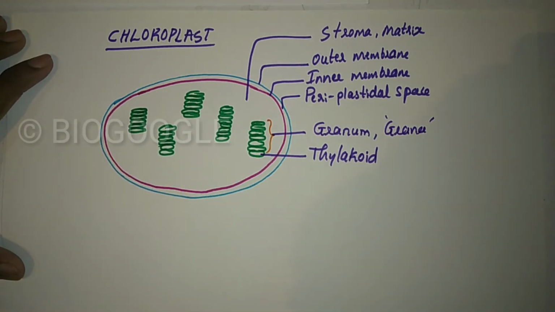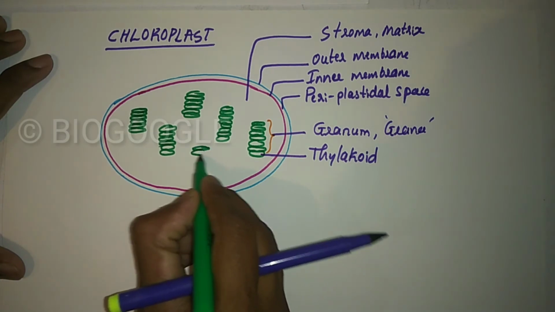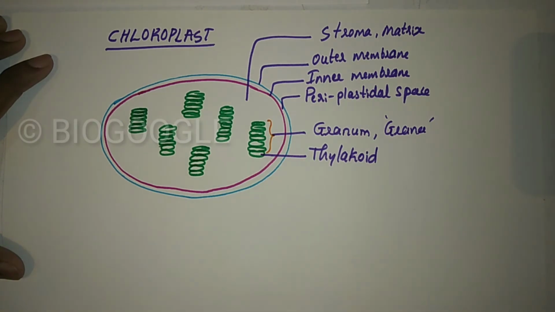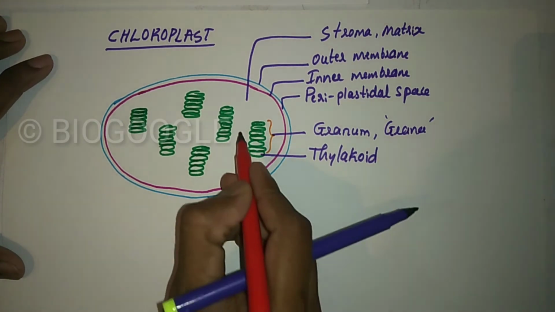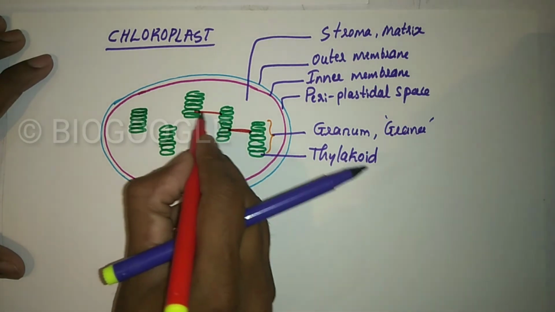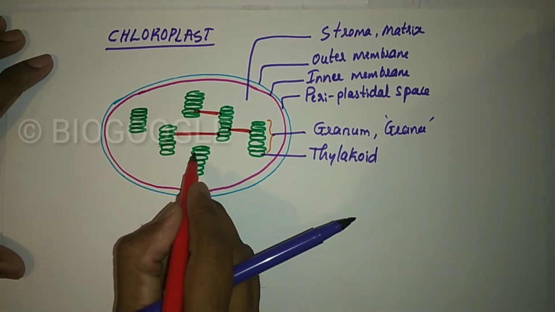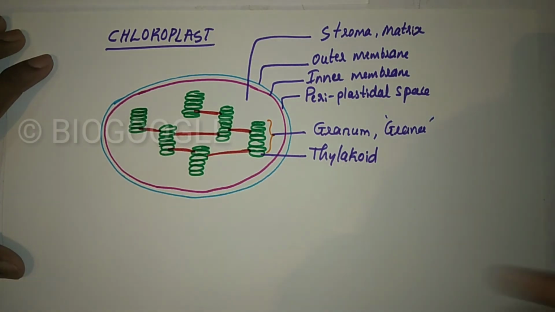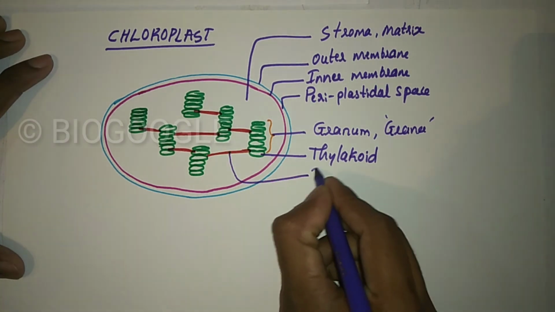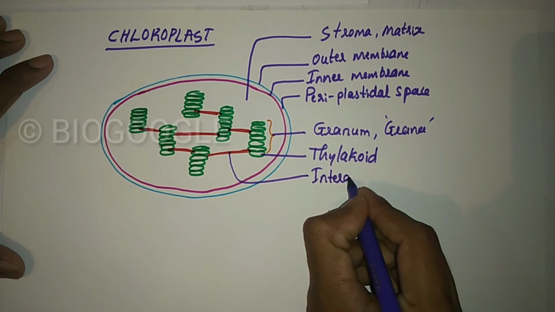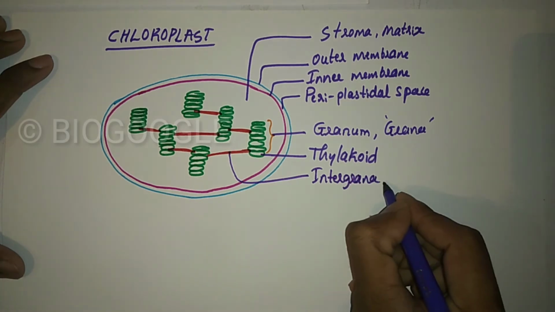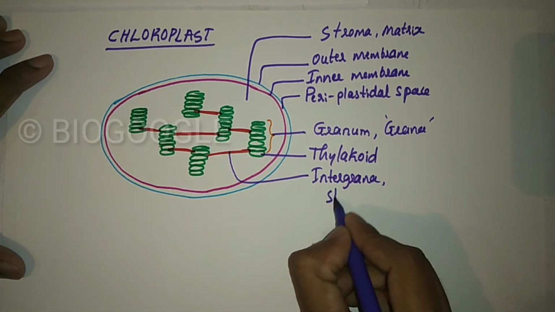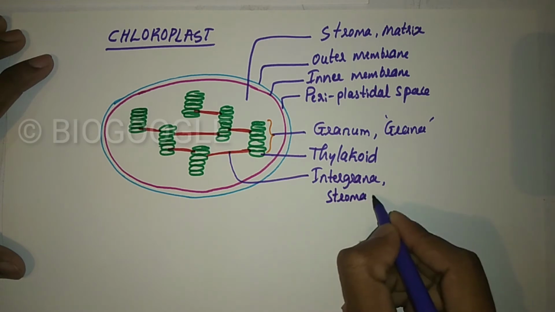In the stroma there are hundreds, thousands of grana in each chloroplast, and those grana are interconnected by the membranous structure called intergrana, or also stroma lamellae.